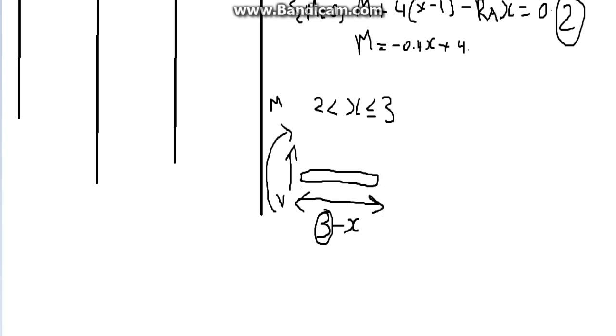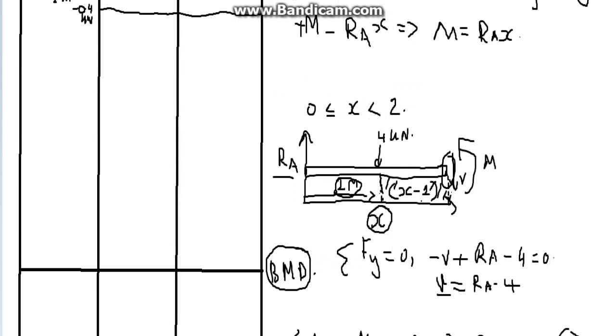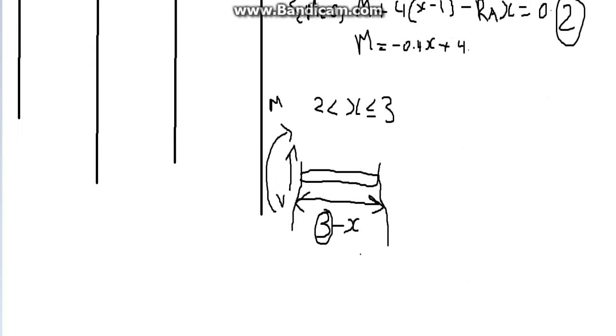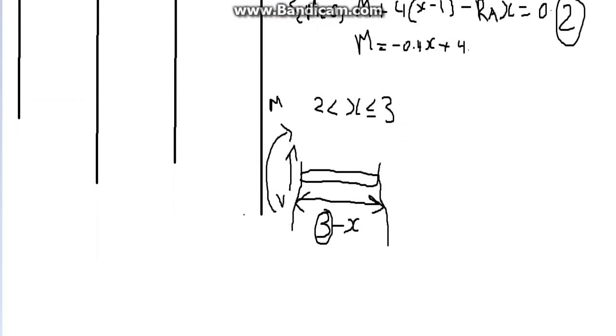Remember, that is the very hard part. A lot of people get that wrong because they keep thinking it's x subtract 3, such as in our previous case. It's not. The reason it's the other way around is simply because we're going from right to left, not left to right.